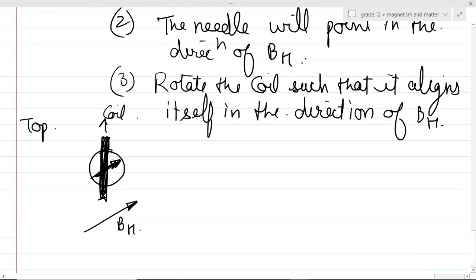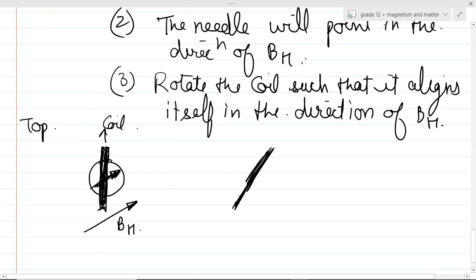Can you see initially your coil is not in the direction of BH, right? So basically, you will hold this coil from here and rotate it, in such a way that the coil aligns in the direction of the magnetic needle.